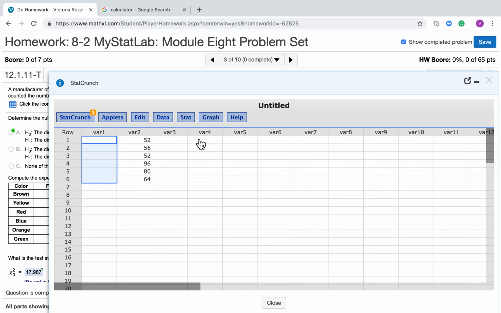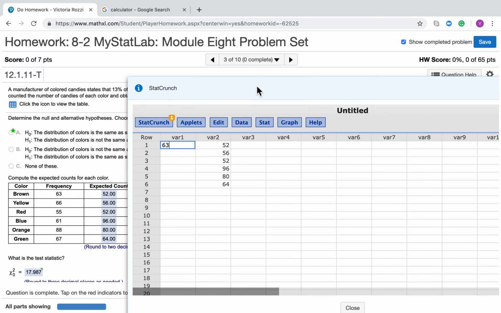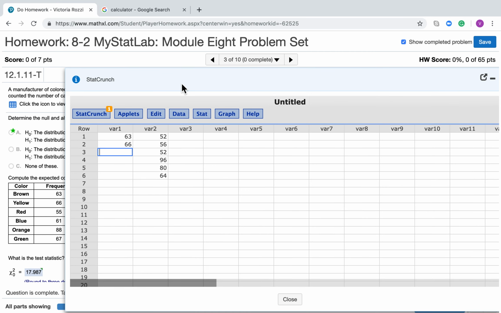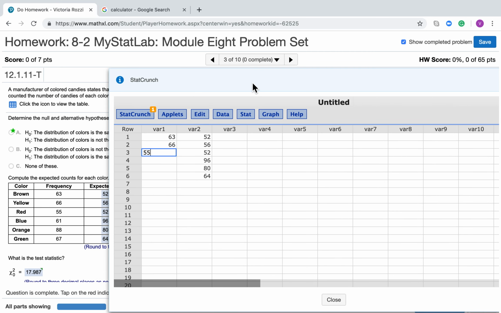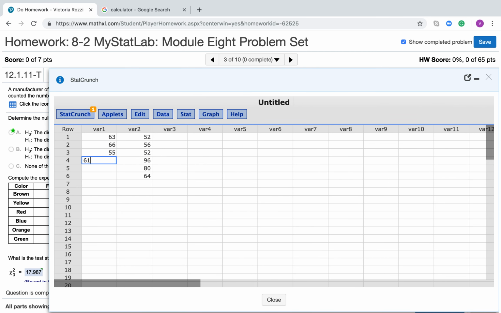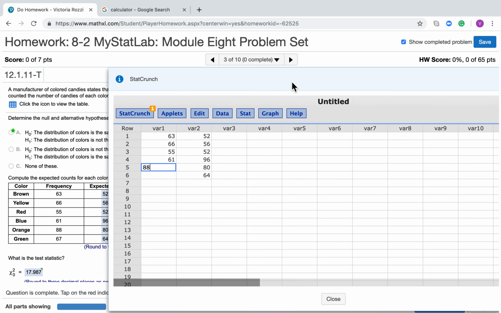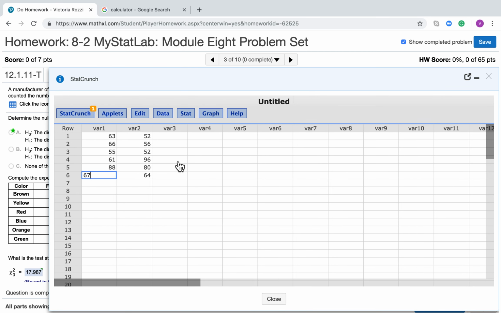So I have 63, and then I had to keep moving this over because it won't minimize for me. So 63, then 66, then 55, and 61, 88, and 67. And then you also have to do that for your expected values, your observed values and expected values.